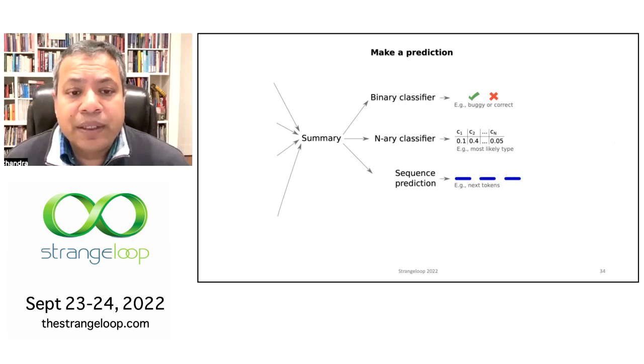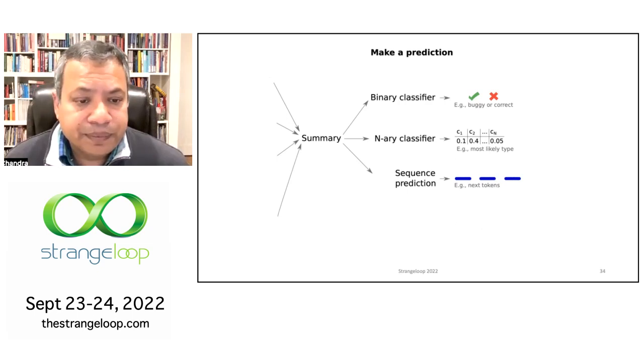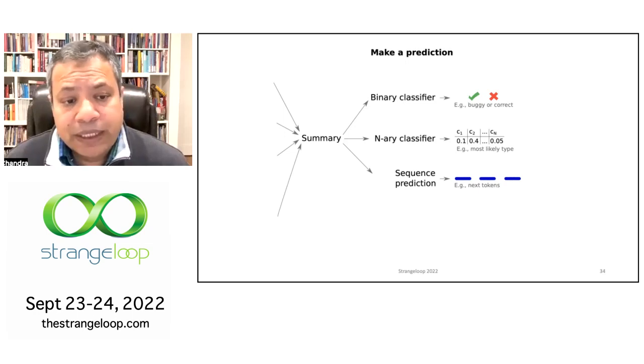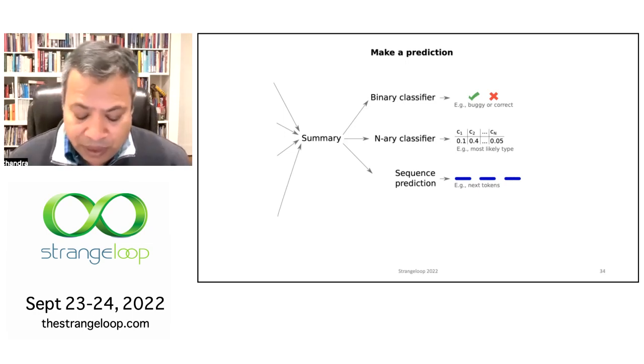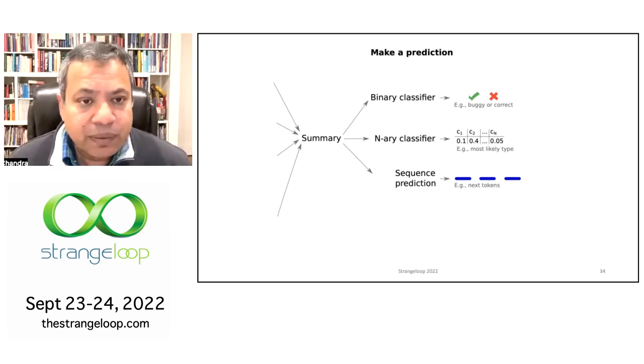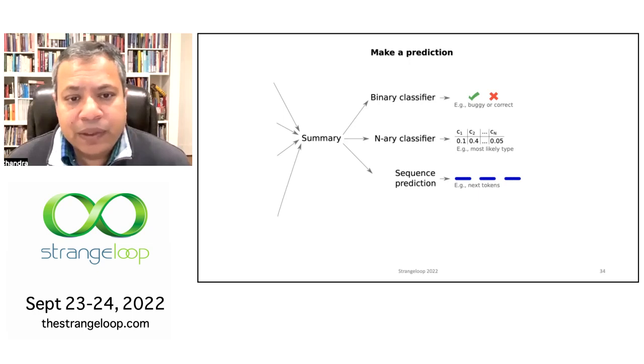Or you might be interested in asking the question, given this context, what is the most likely type of a certain identifier? And it might give you an n-ary classification saying that here are the probabilities of various types. Or you can use it for sequence prediction, as in autocomplete, like we saw earlier. So these are some of the possibilities that you can explore, and the paper actually shows examples of each of those.